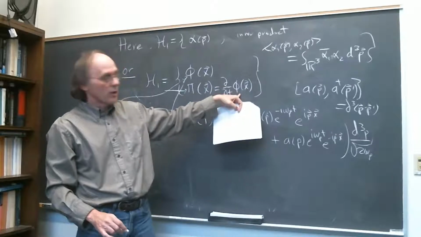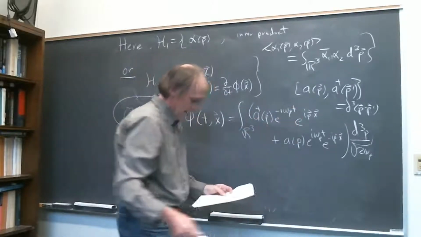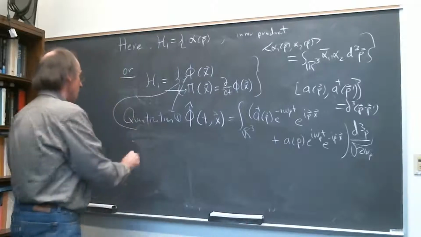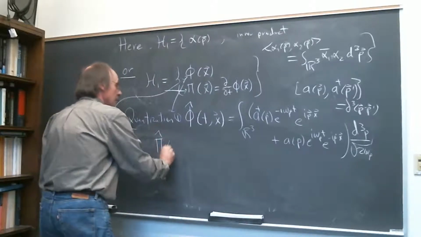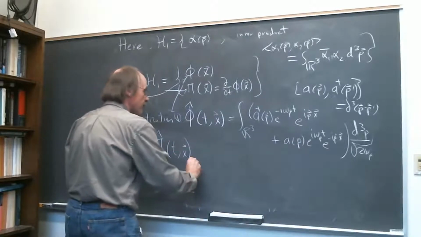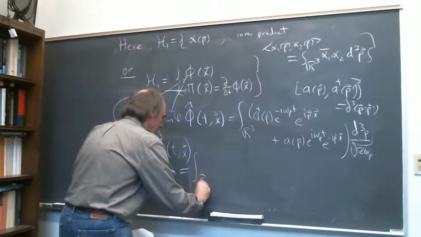It's the corresponding velocity. So if you just differentiate this with respect to time, you get pi hat of t, x vector. What are you going to get?